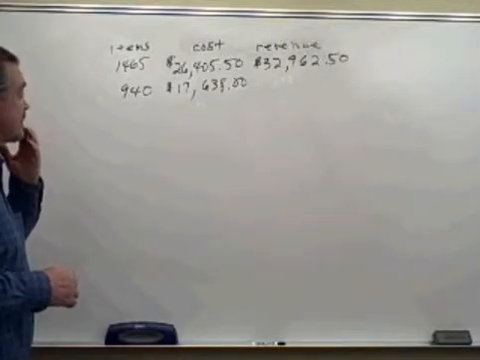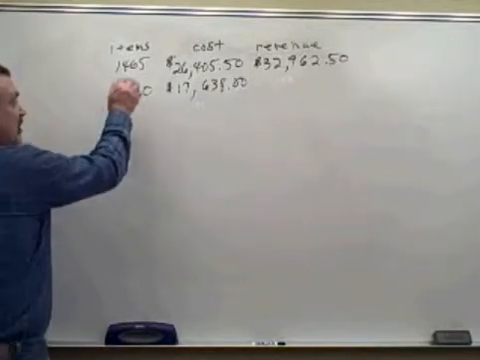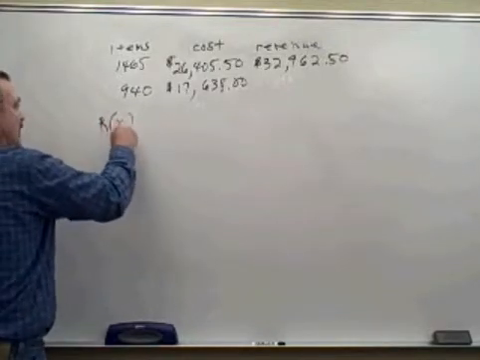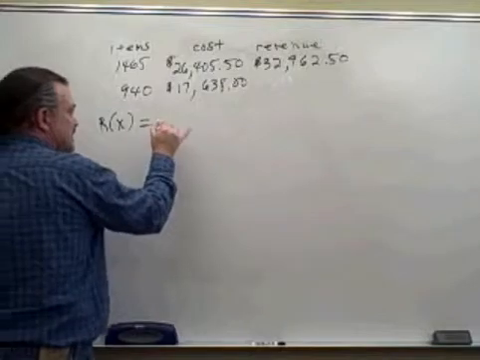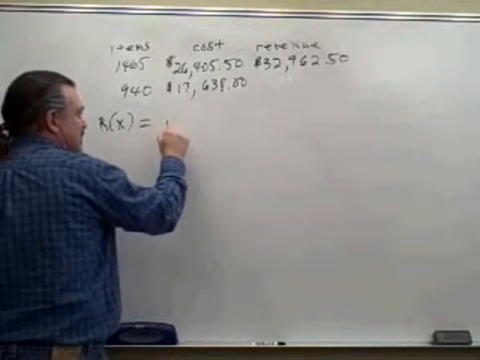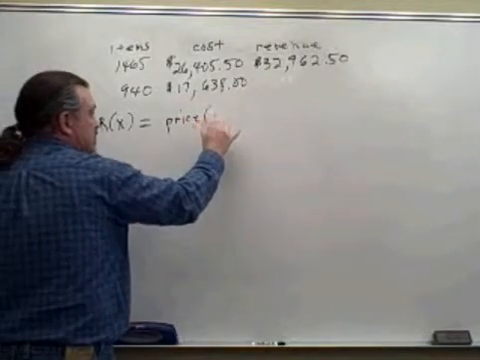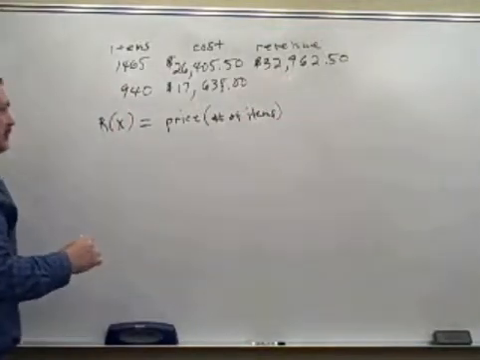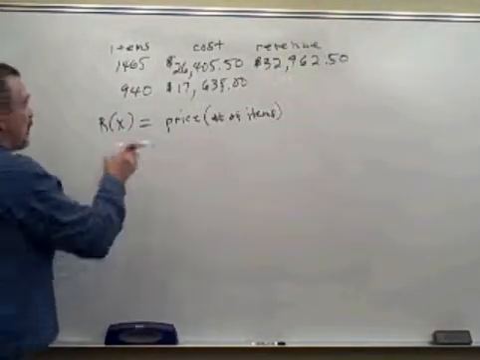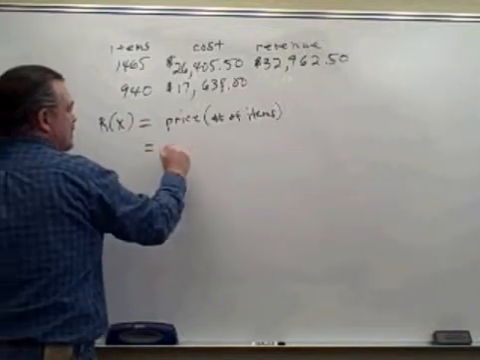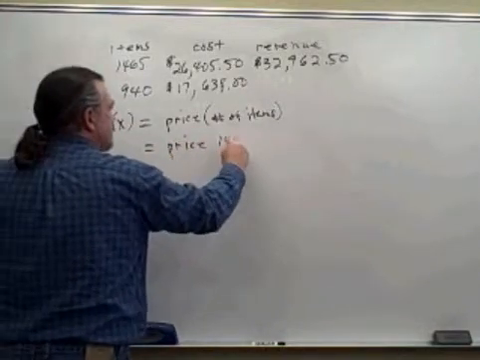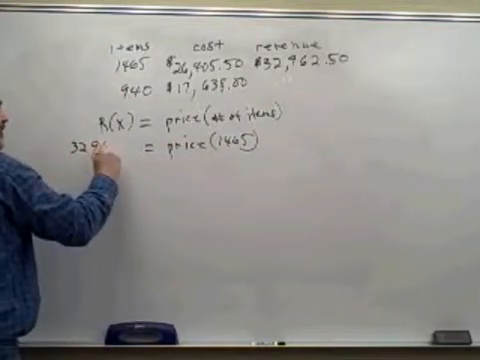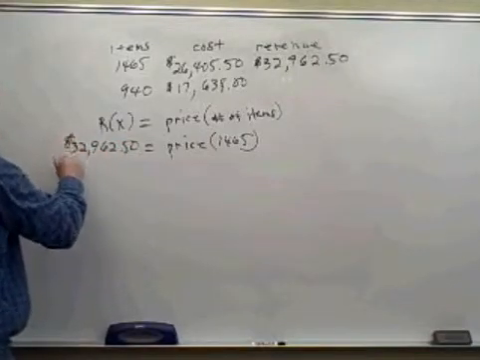Well, the linear revenue function, remember linear revenue functions look like R of x equals the selling price, isn't that typically the price times the number of items? In this case, we know that one month they sold 1,465 items and generated $32,962.50 in revenue.